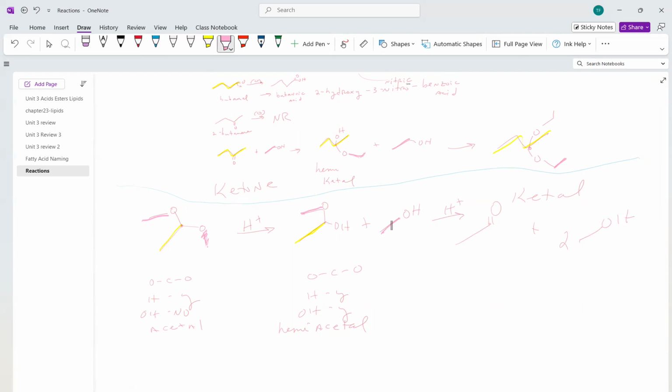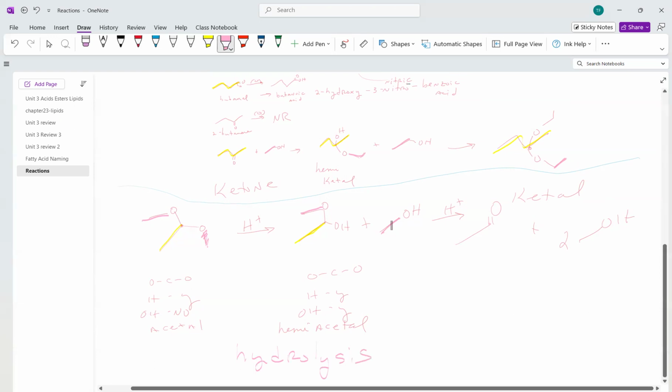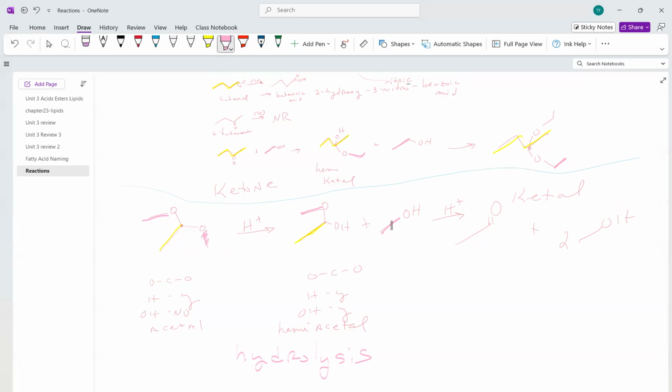So a full-blown acetal is going to come apart in an acidic environment, in terms of what made it to start with. You made it from an aldehyde and an alcohol, so when it breaks up, it's going to recreate the alcohol and aldehyde you started with. The name of that process is called hydrolysis. Hydrolysis in general is you take things apart and you end up with water left over.